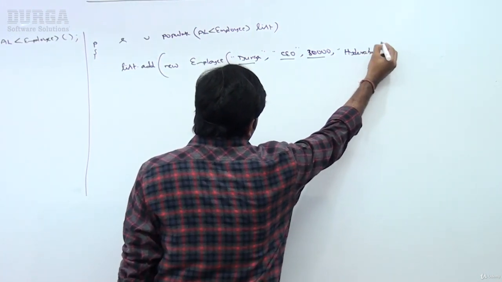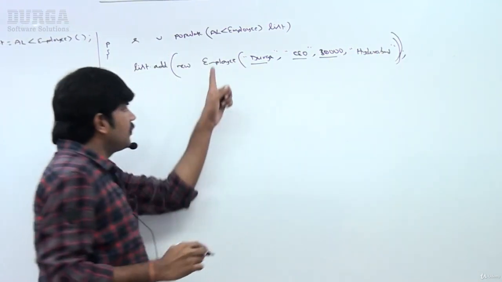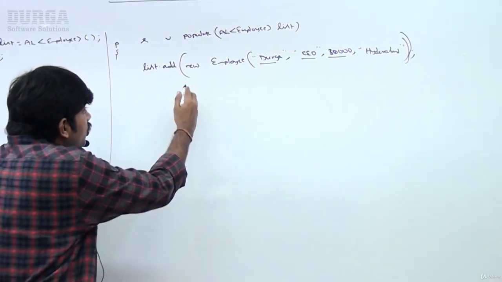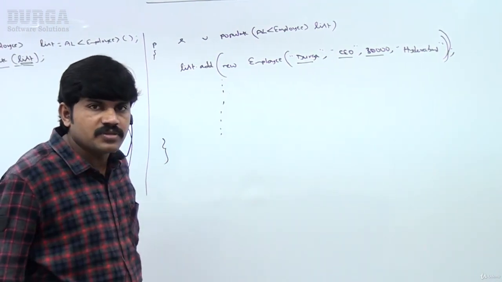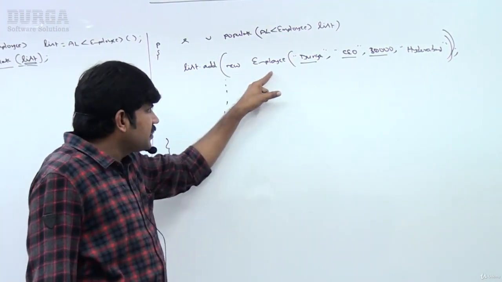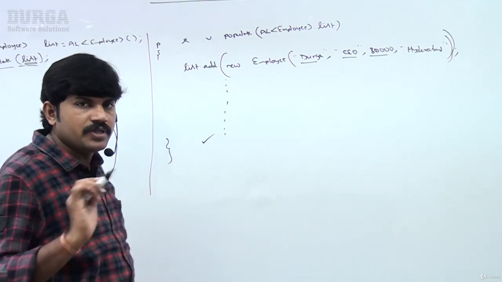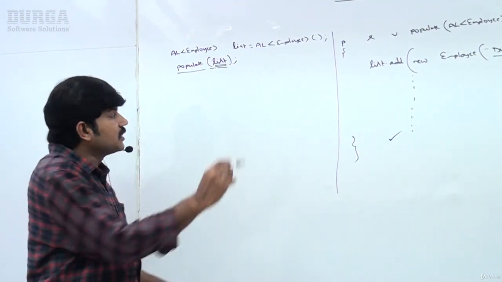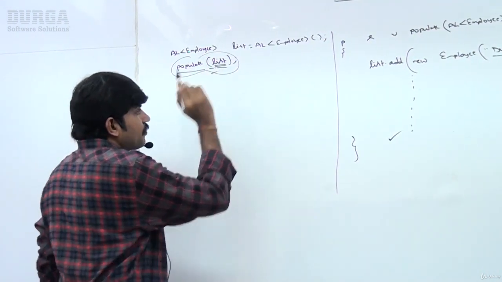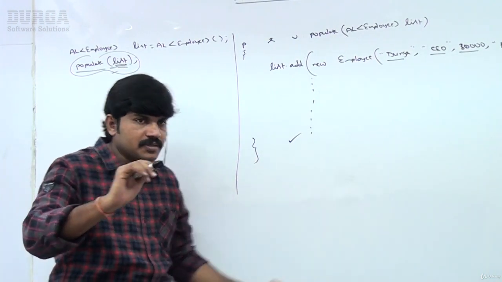Like this, I'm adding, sir. I just added the first employee. Like this, you can add n number of employees. Just list.add on the second line, list.add on the third line, like this, right? So to populate this list with employee objects, I'm calling which method, sir? The populate method. This populate method is going to add all employees.